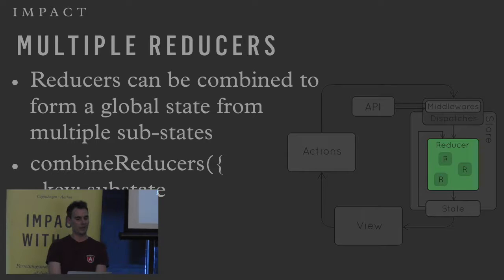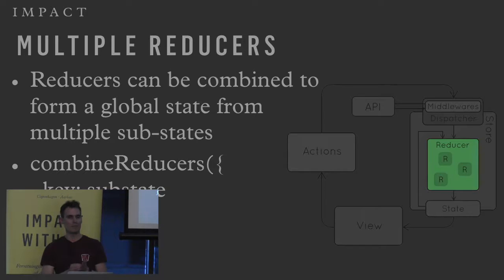If you're developing an application and it scales, you'll quickly feel the urge to divide your application into components if you were talking Angular, or different components. And Redux sort of supports this by making it possible to define different substates and different reducers handling those substates.